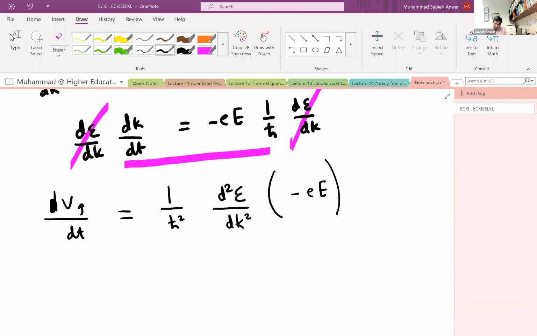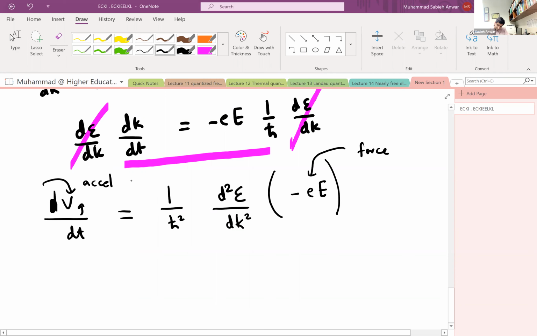So what does this mean? This is a force. This is an acceleration. So this must be the reciprocal of a mass.